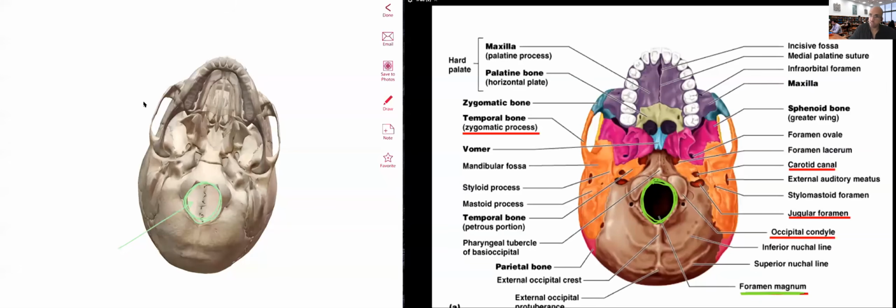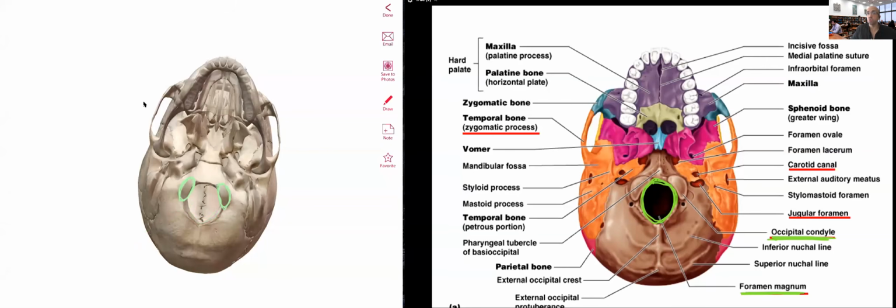On both sides of the foramen magnum, on the anterior side, you can see two elliptic-shaped articular surfaces. We call these my occipital condyles.